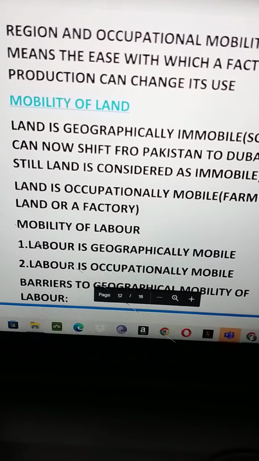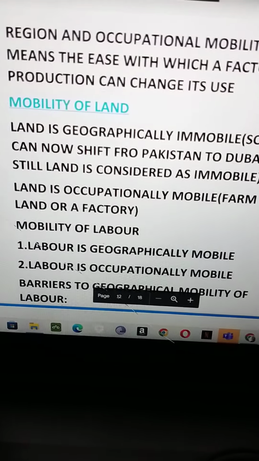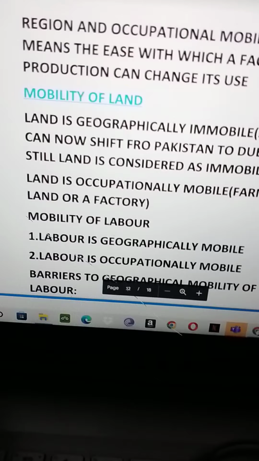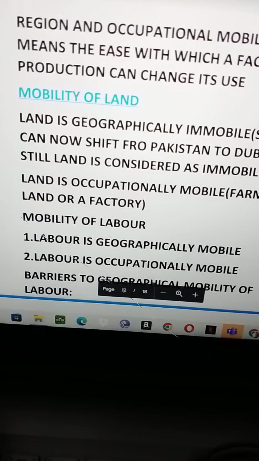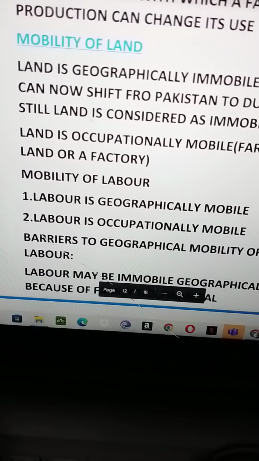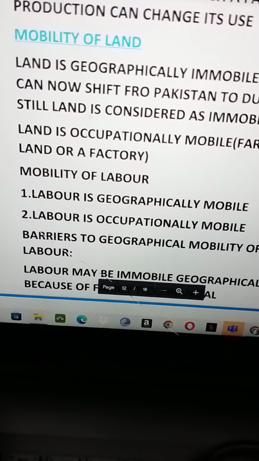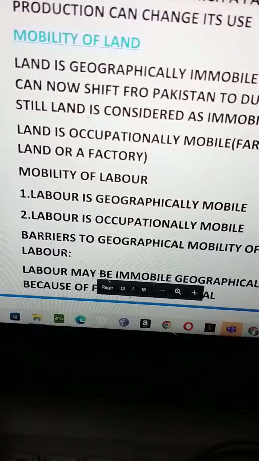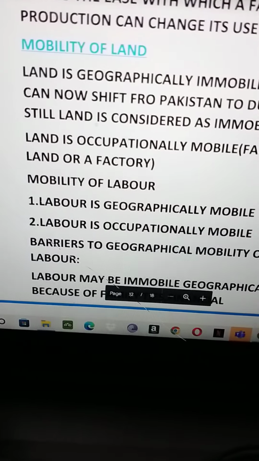Remember that. The ease with which you can change the use of a factor of production. That is basically occupational mobility. And there are many things given related to it, for example, the factors which can make labor occupationally immobile.